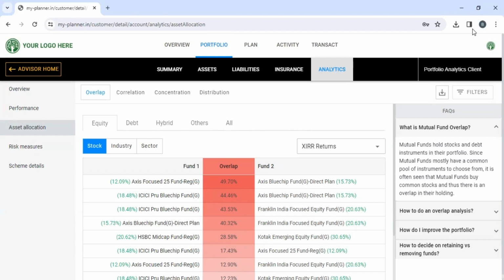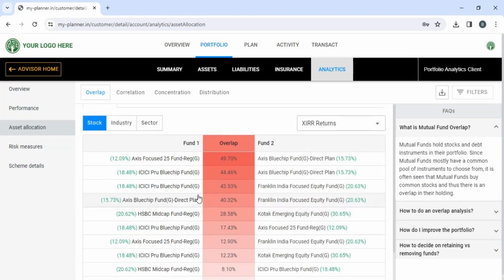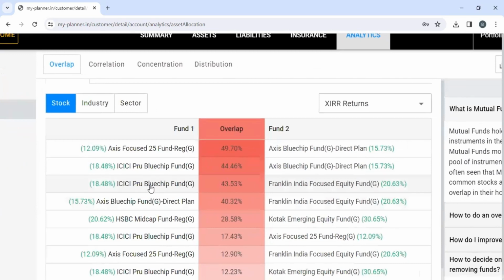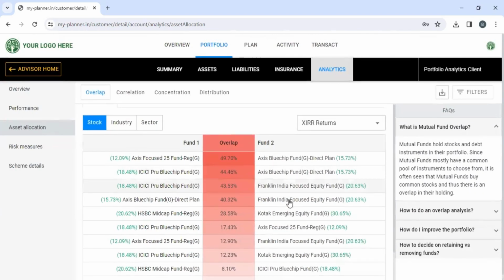So here, against each fund, we've also mentioned these values, like the XIRR return. So let's say we have decided that these two funds, ICICI Prudential Blue Chip and Franklin India, have a lot of overlap. We might think of keeping just one instead of these two.